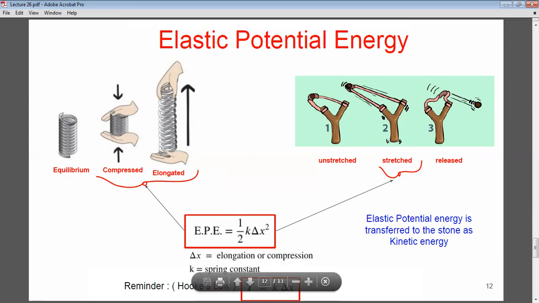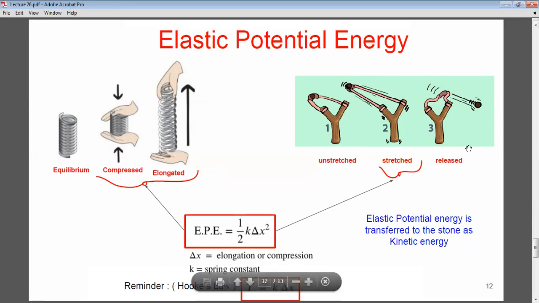So this is the K that comes in this formula. Delta X is how much the object is compressed or elongated. The same thing here, if it's unstretched, there is nothing. However, if it's stretched, then we start having EPE equal to half K delta X squared.